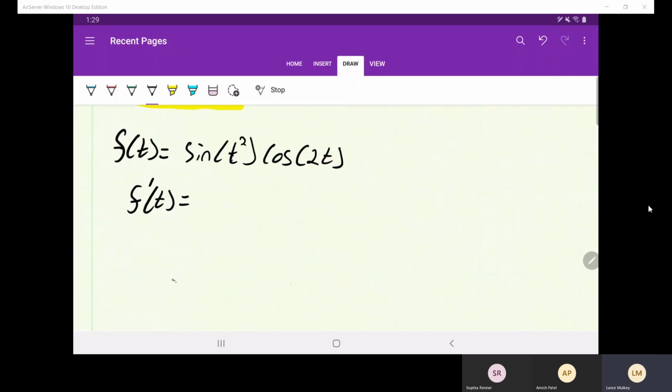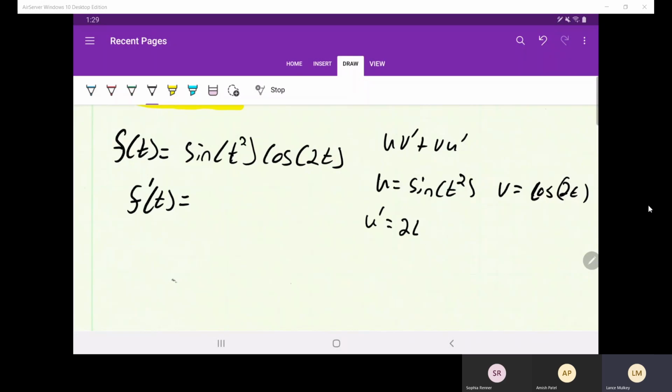Correct. Product and chain rule. So product rule is u v prime plus v u prime. So we're going to say u equals sine t squared, v equals cosine of 2t. So u prime equals 2t sine t squared using the chain rule, because it's a box in a box.